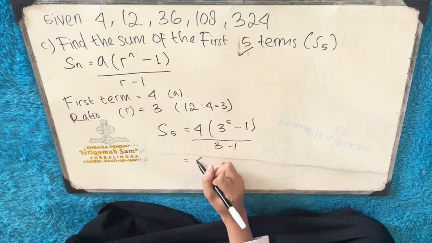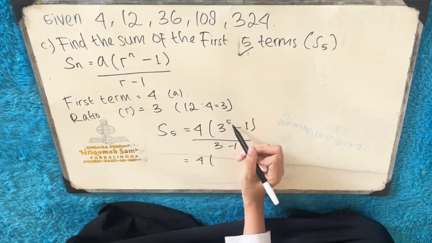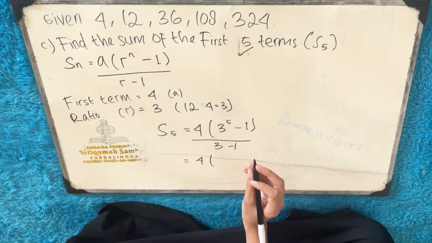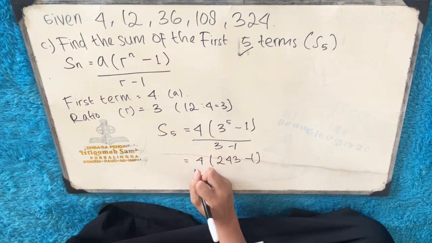So we get 4 times 3 to the power of 5 is 243, minus 1.